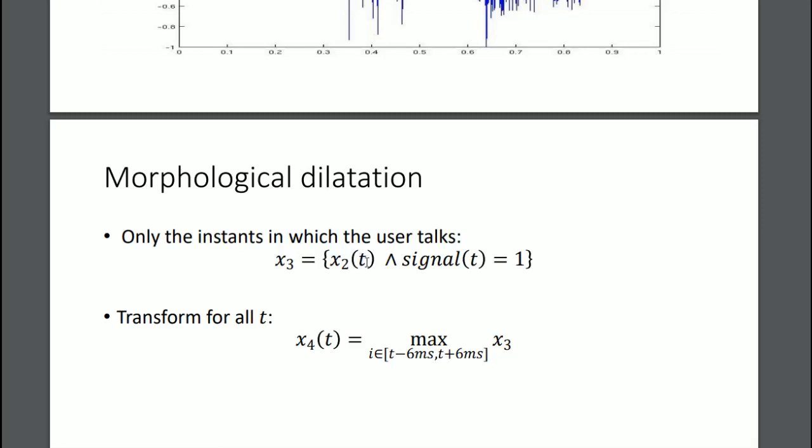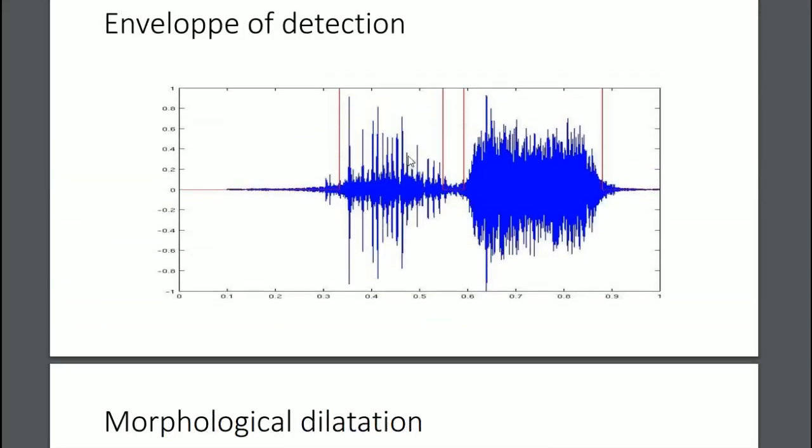We call x3 the signal x2, but when the envelope is equal to 1. So basically you concatenate this part when the signal is equal to 1 with this part when the signal is equal to 1, and just delete those elements when the signal is equal to 0, here also and here also.